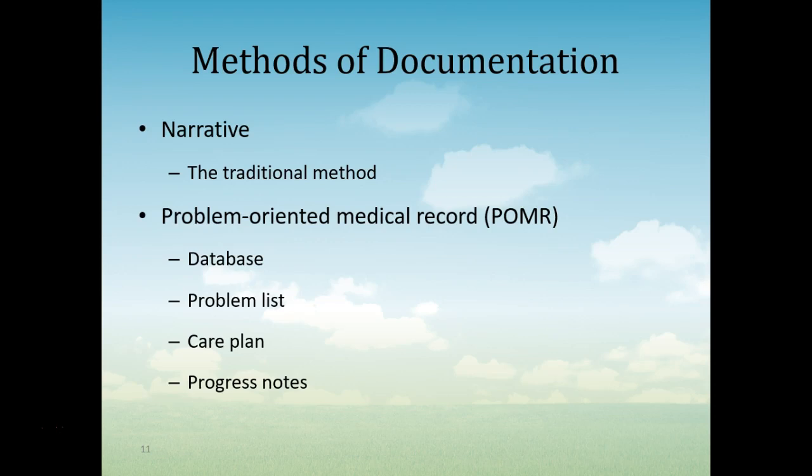The problem with narrative documentation, because it's done in more of a free text or paragraph formation, it includes a lot of repetition, it's very lengthy and disorganized, and it takes people long periods of time. So we still do this in practice, but we don't have to do it as much with the electronic health record.